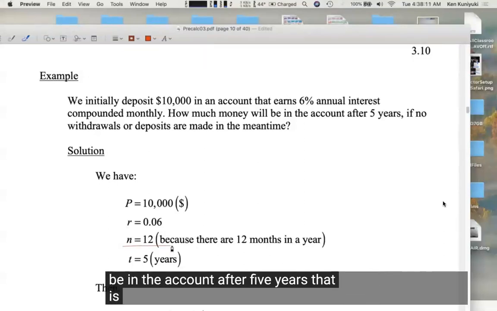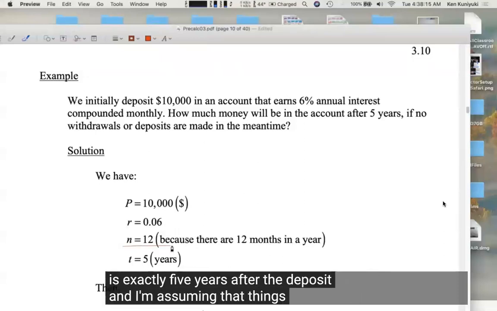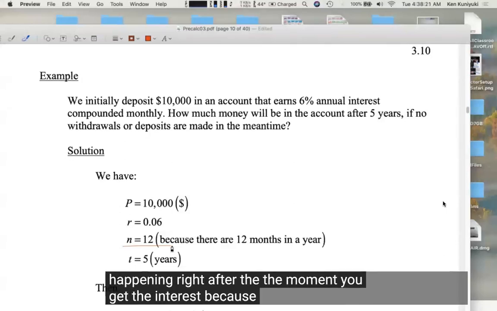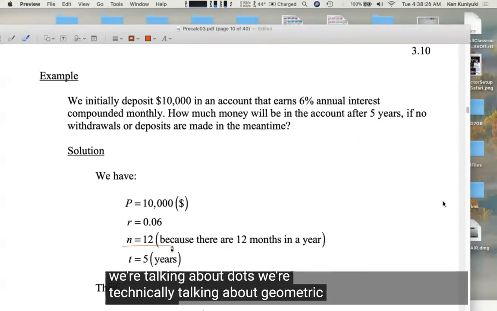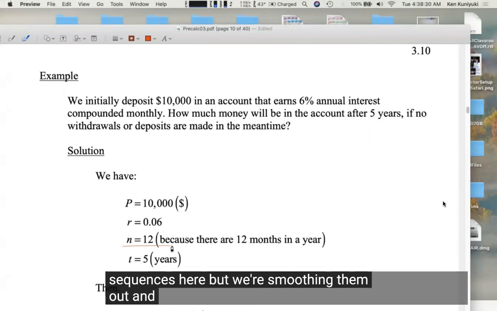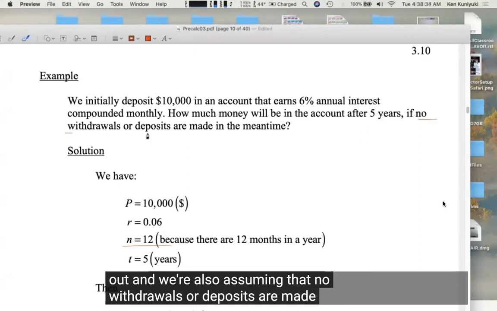That is exactly 5 years after the deposit, and I'm assuming that things are happening right after the moment you get the interest. Technically we're talking about geometric sequences here, but we're smoothing them out. And we're also assuming that no withdrawals or deposits are made in the meantime.